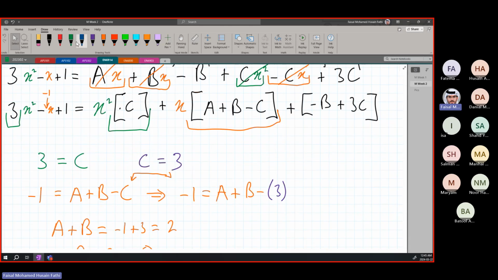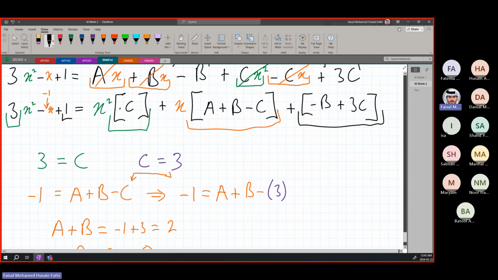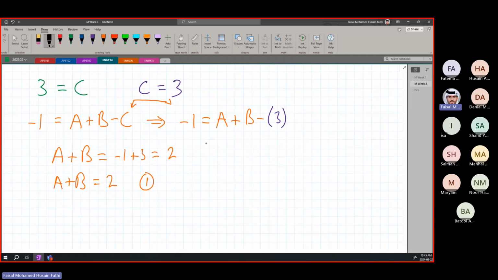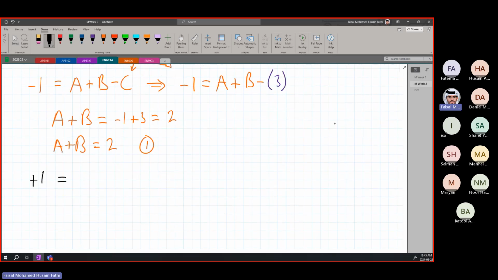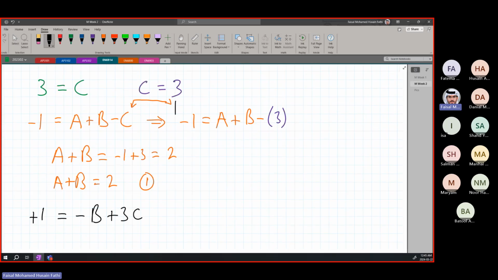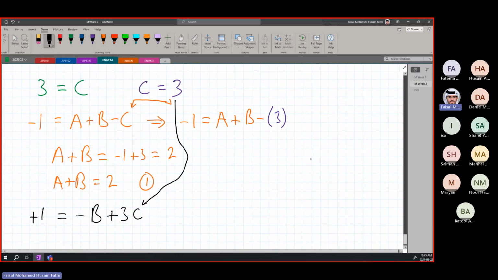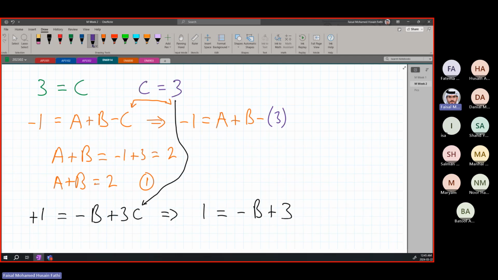Now we look at the last part, which is the one with just 1. Plus 1, or just 1, is equal to minus b plus 3c. Again, we found c, so we can substitute c here. So this is going to be 1 is equal to minus b plus 3 times, what is c? c is 3. So 9.